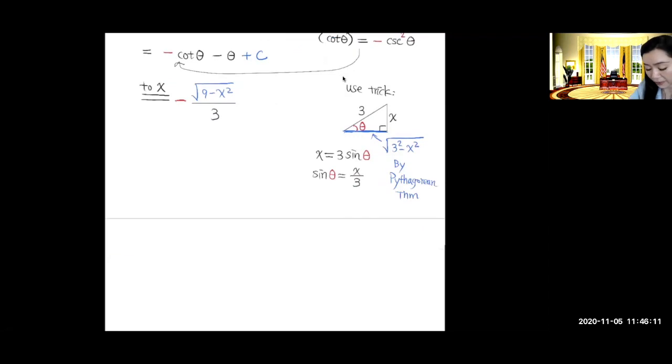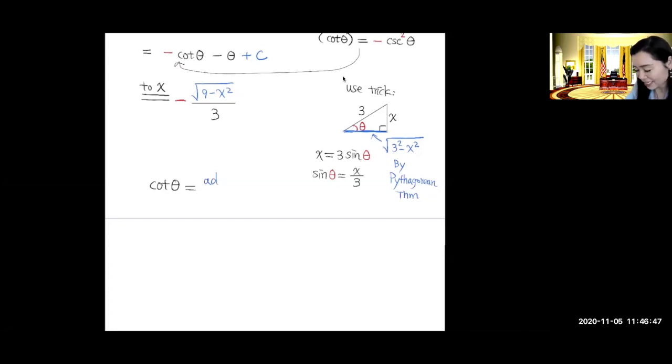Let me write it down a little bit. Remember SOHCAHTOA, right? Just focus on cotangent. So cotangent theta is equal to adjacent side over... No, I made a mistake.